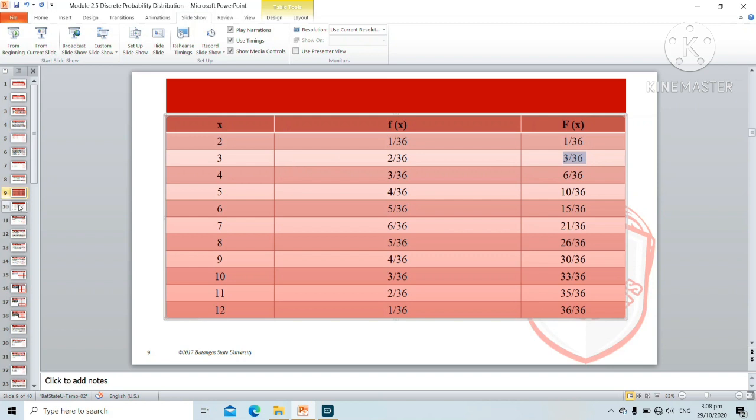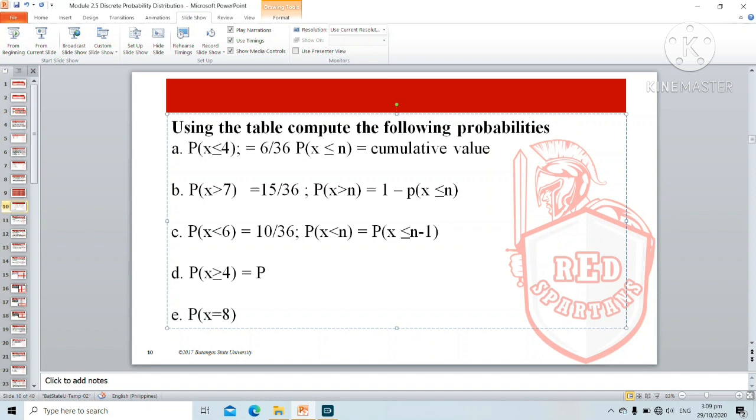Ibig sabihin, probability that x is greater than or equal to n ay equal sa 1 minus the probability ng x is less than or equal to n minus 1. So, babawasan natin ng isa.